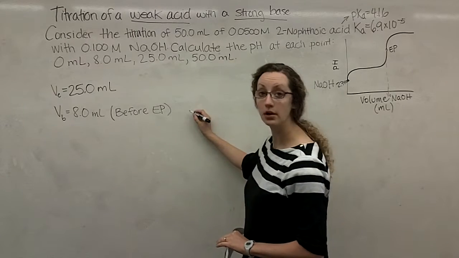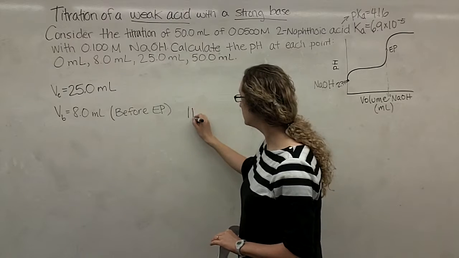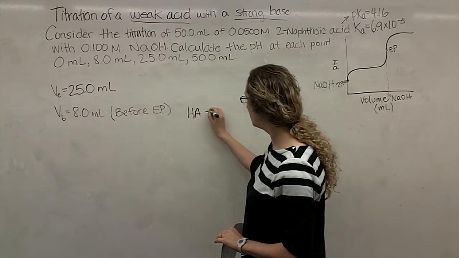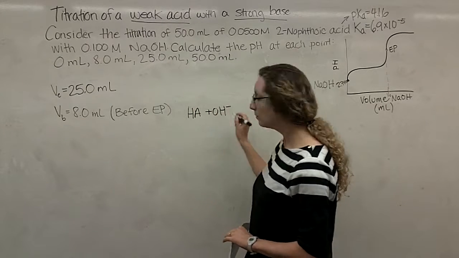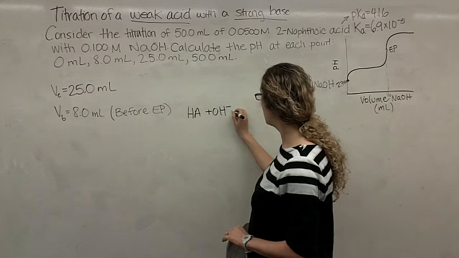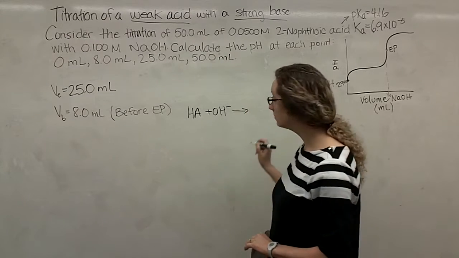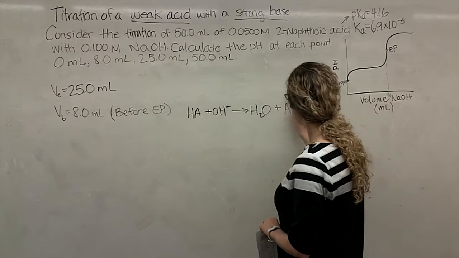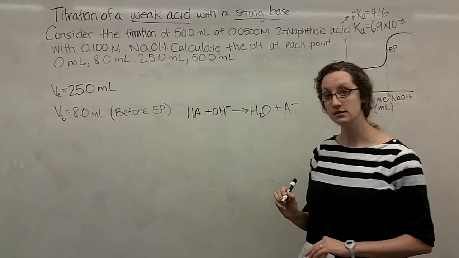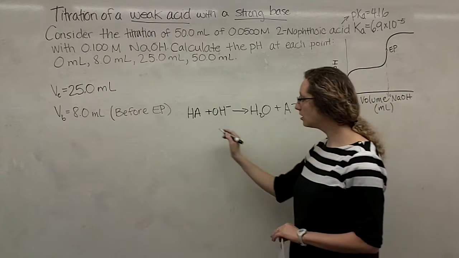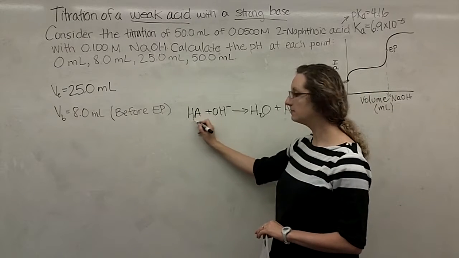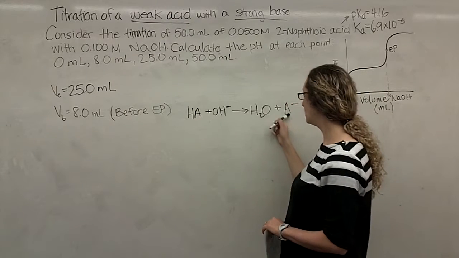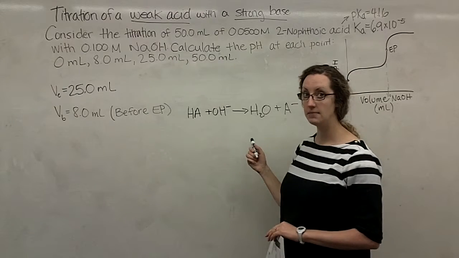So the reaction that we're interested in is HA plus, we are adding base, so our products will be water plus our conjugate base. So we're going to have a little bit of our acid and then a little bit of our conjugate base.